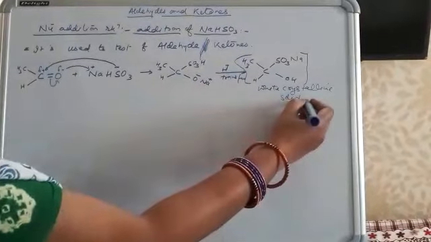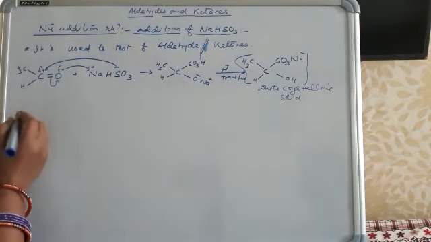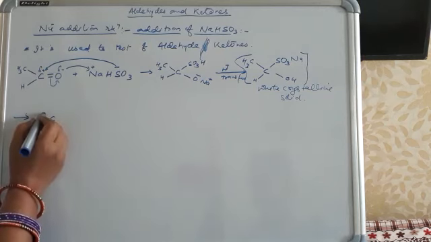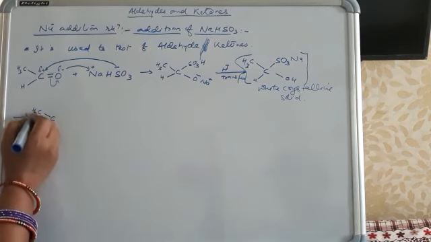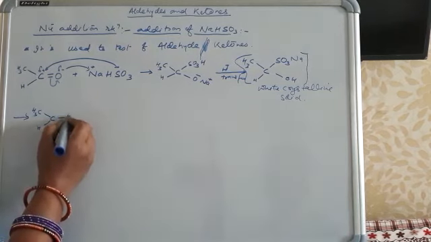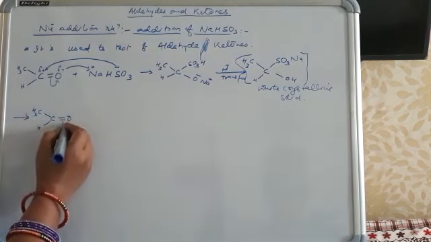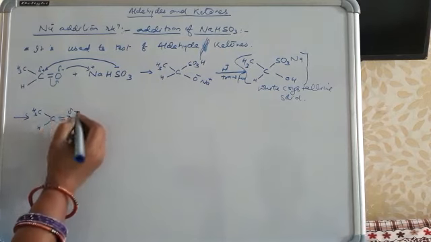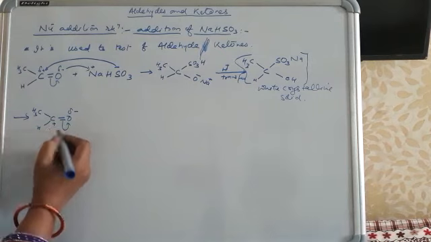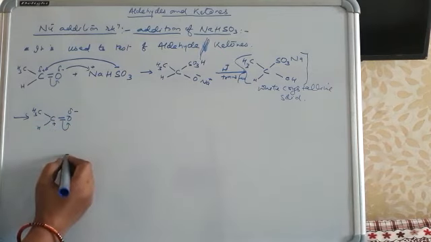White crystalline solid. What are the mechanisms involved? Let's see. Carbon, CH3, hydrogen, double bond, oxygen. As usual, this goes towards this negative charge and here positive charge appears. You know the structure of sodium bisulfite.